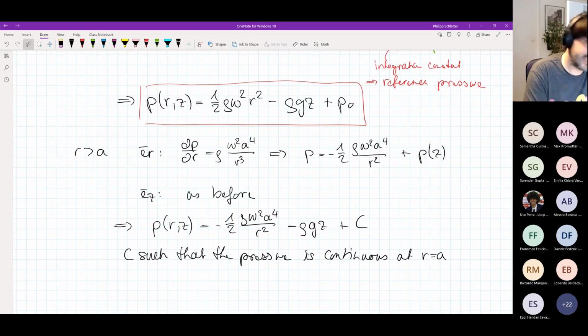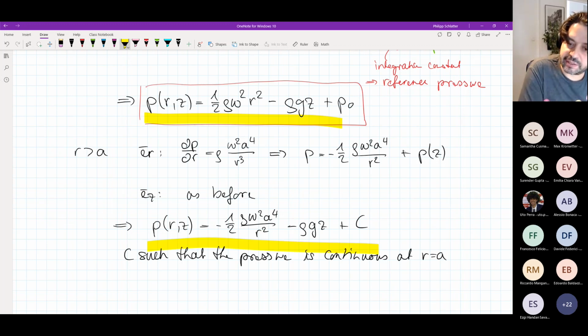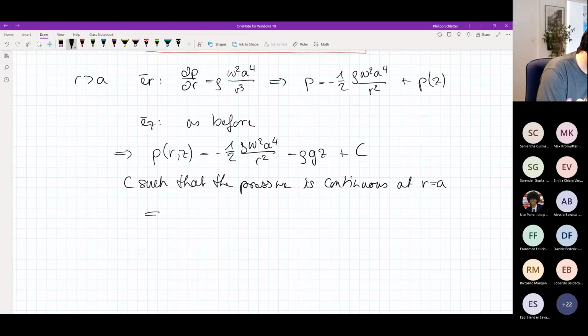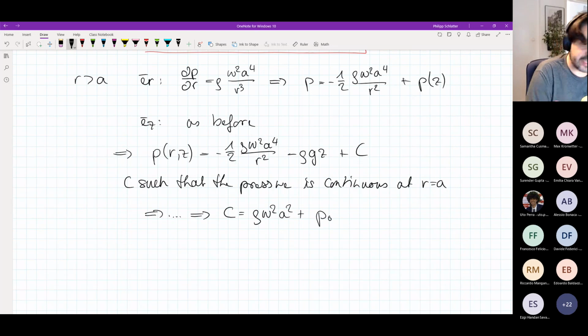To do that, one evaluates this term at A, and one evaluates this term at A, and then one calculates C with that. This is an easy exercise, and the result is that C will become rho omega squared A squared plus P0.